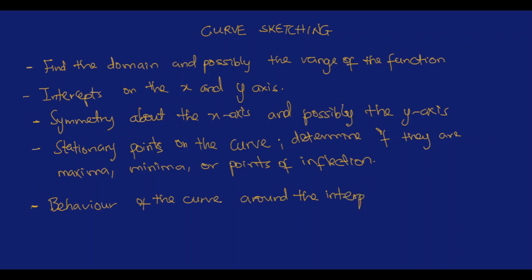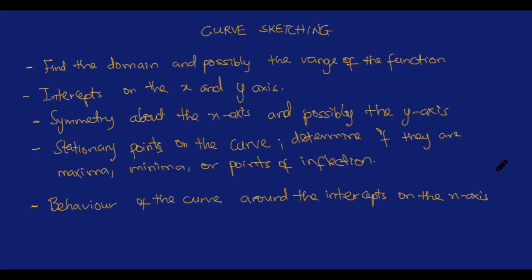Sorry, around the intercept on the x-axis. We are doing this to have an idea of where the function is increasing or decreasing, where it is concave upwards, and where it is concave downwards. So these are the reasons why we examine the behavior of the curve around the intercepts.